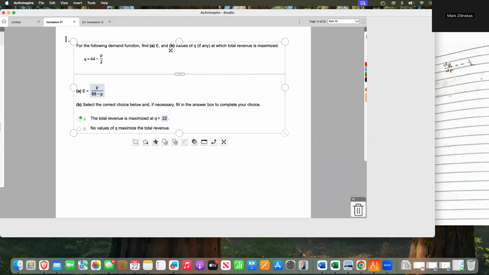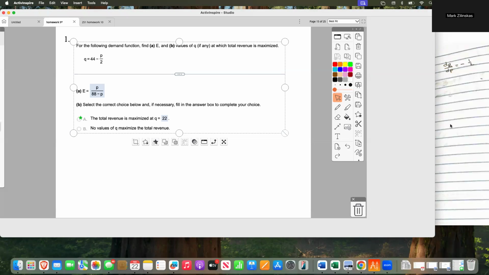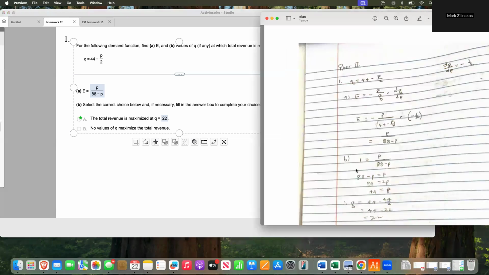Now in part B, number one, it said find E, which we did, and then the values of Q, if any, at which the total revenue is maximized. That is basically when we get E equal to 1.